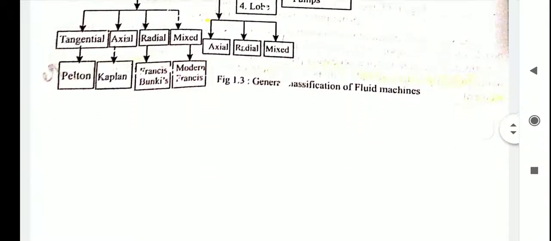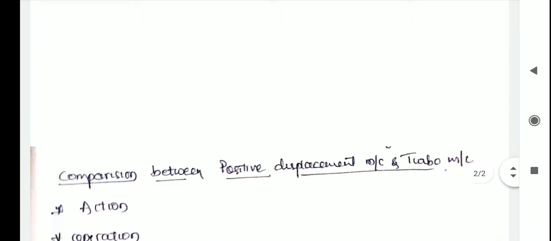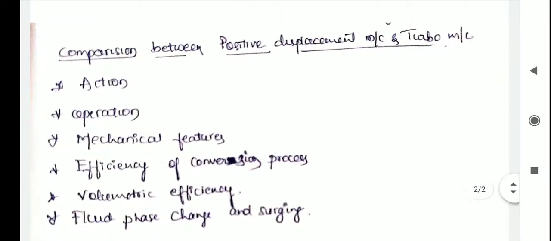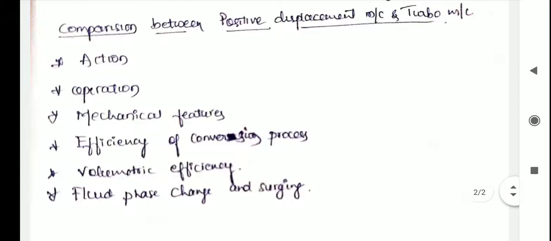Now coming to comparison between positive displacement machines and turbo machines. Here we compare according to the action and operation, mechanical features, efficiency of the conversion process, volumetric efficiency, and the fluid phase change.